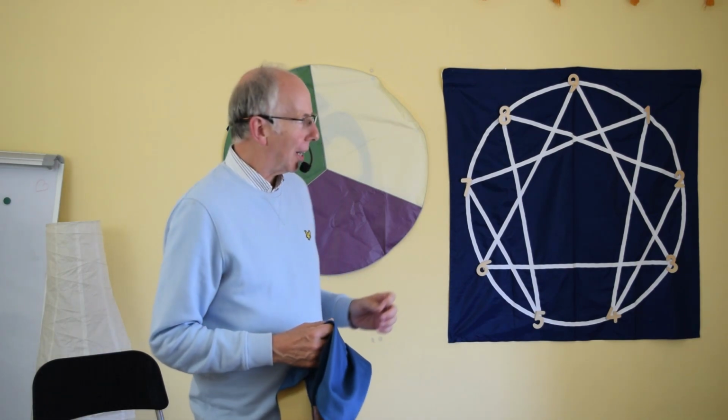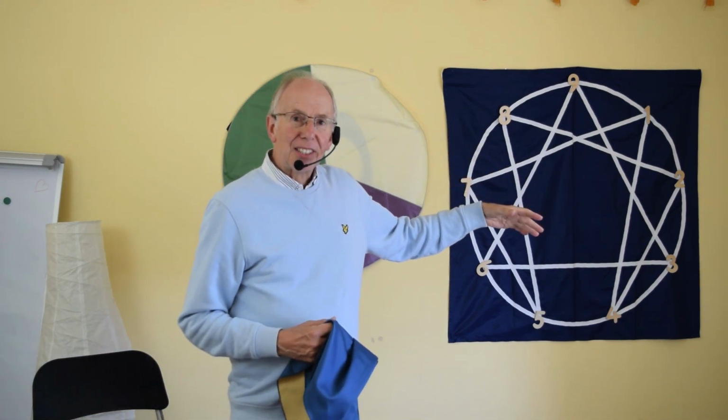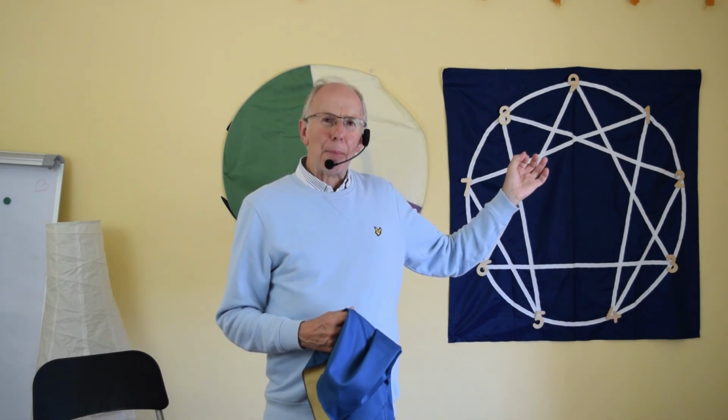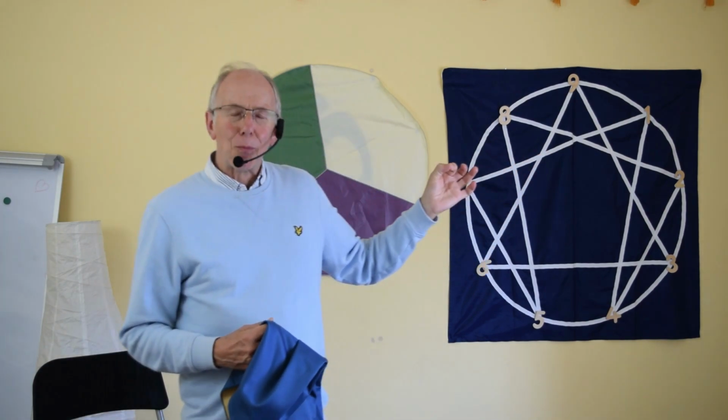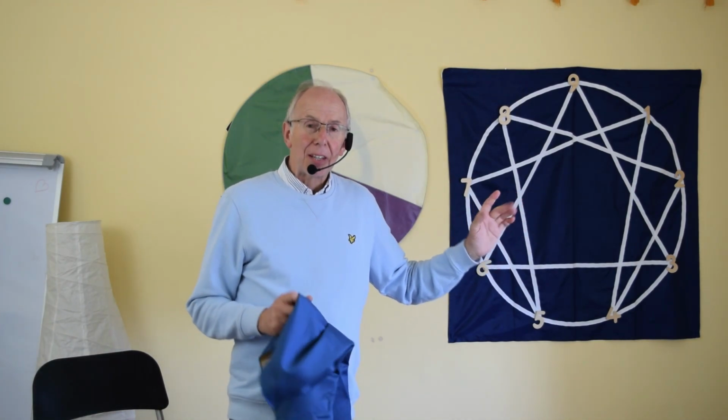I've also explained on a few videos in the past that as we move round the Enneagram, we pick up a little bit of colour from the type each side of us. So for instance, the type 2, the helper, will pick up a little bit from type 1, the reformer, or may pick up a little bit more perhaps from type 3.